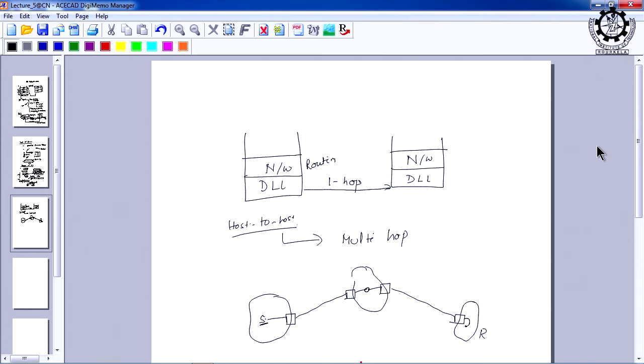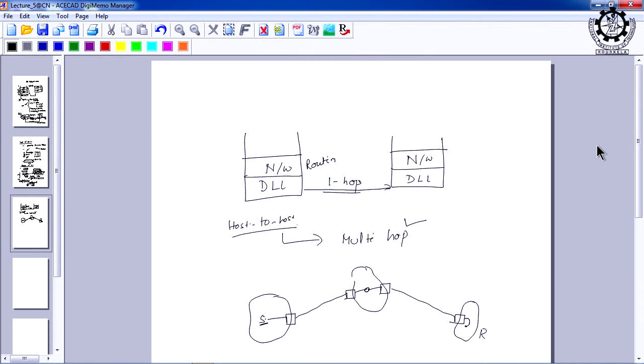When we talk about the network layer, it is concerned with multi-hop communication, because the packet has to be delivered, traveling through different hops, finally to the destination. But the DLL is responsible for one hop communication. That means it has to immediately deliver the packet to the next receiver. The next receiver can be this gateway, again from this gateway to this gateway, this way.